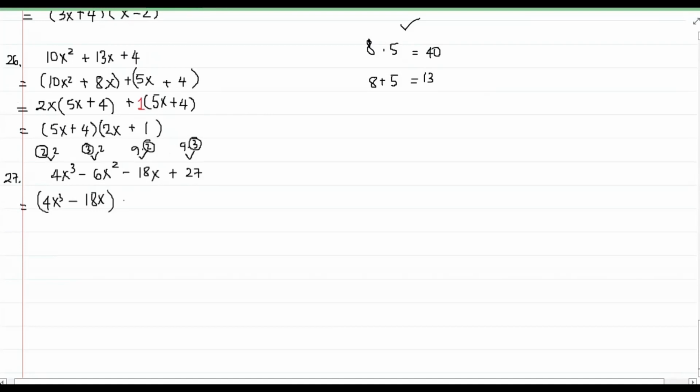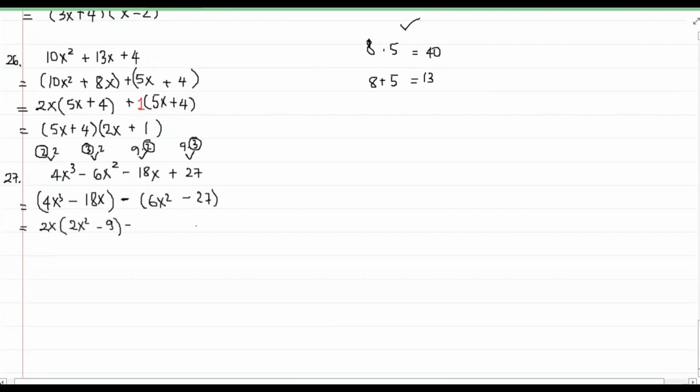My second group is: take the negative out, so we have 6x squared minus 27. Now I take the 2x out first, so 2x squared minus 9.